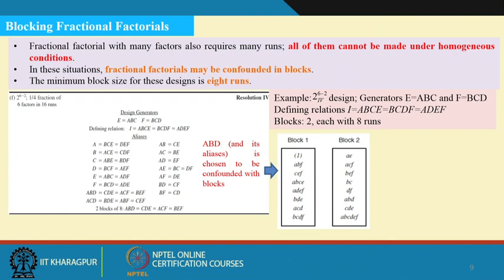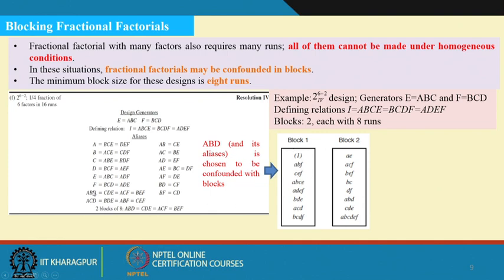Okay. So now here you have to choose the block. If you see the third order interactions, suppose ABC or ACD, suppose you choose ABD or any of its aliases to be blocked with the blocking variable, then you can create 2 blocks.